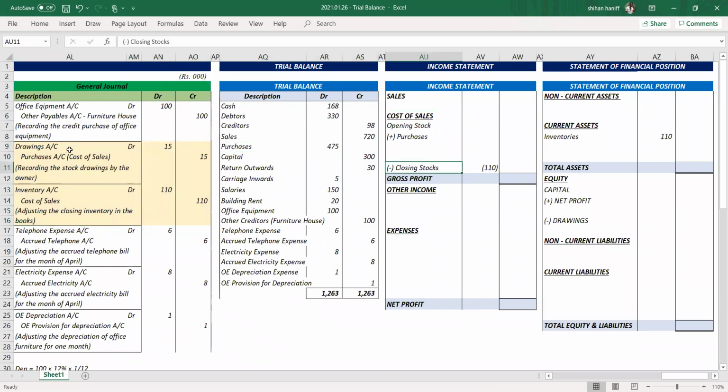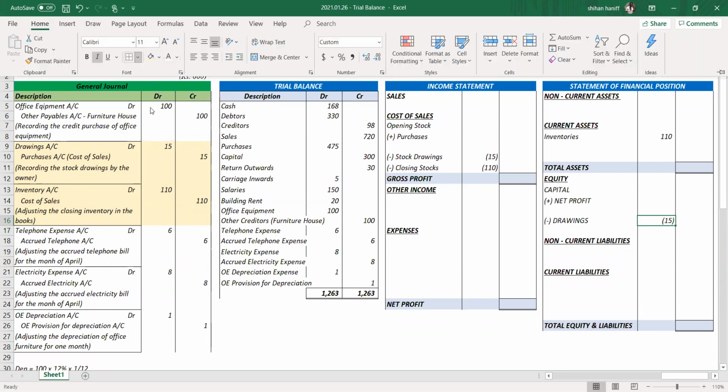Okay. So this is stock drawings. Stock drawings double entry: cost of sales will be credit, minus 15,000, and drawings account debit, so that will be deducted from the equity.